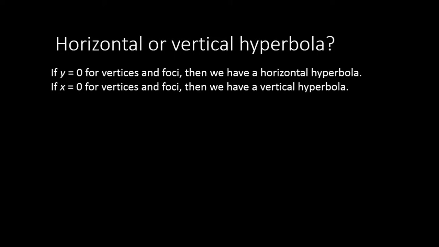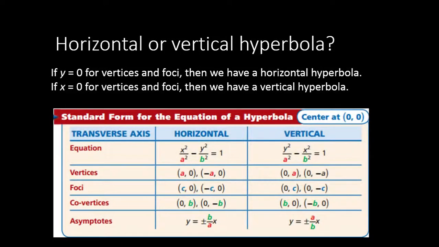But if it's x that equals 0, we have a vertical one. So notice that here I have zeros in my y column, which gives me horizontal. Here I've got zeros in my x, which gives me a vertical. So that's one thing that's going to help us identify what kind of hyperbola we're dealing with.